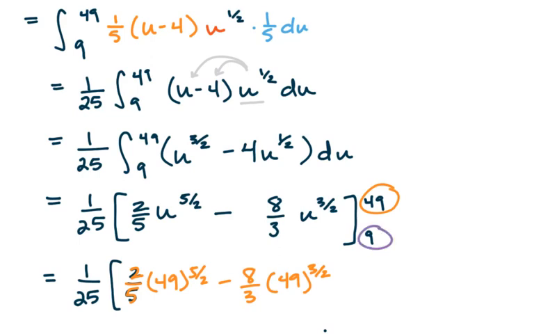And then I'll evaluate at 9. So minus all of 2/5, 9 to the 5/2, minus 8/3, 9 to the 3/2.